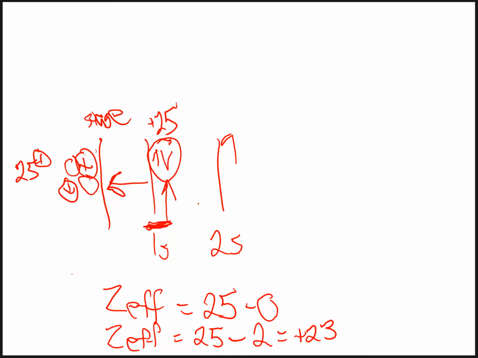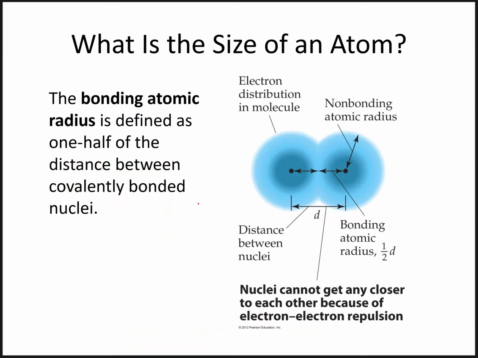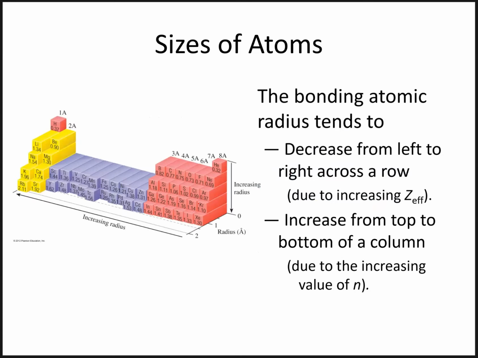So what we see in terms of atomic radii, which is measured by taking the distance between two nuclei, is that the size of atoms actually shrinks as we move from left to right. And the reason for that is the number of protons increases as we move from left to right on the periodic table, so the effective nuclear charge increases as you move left to right.